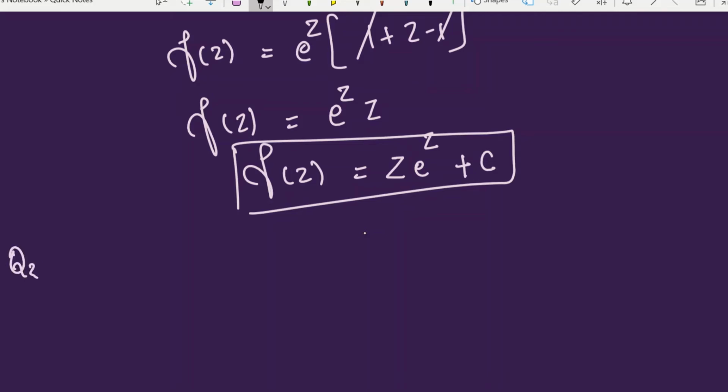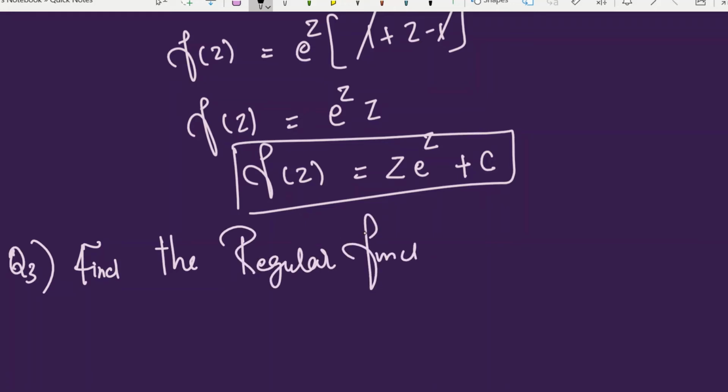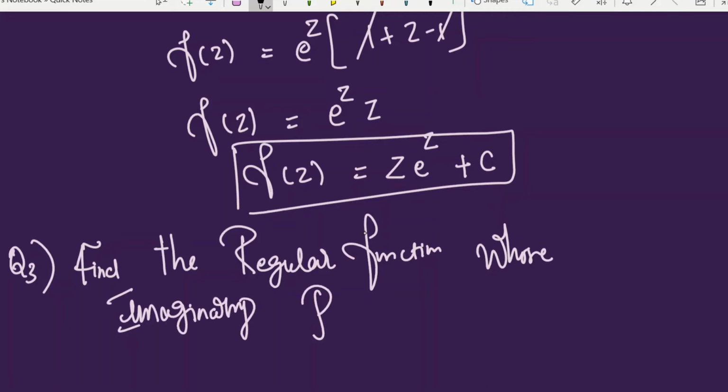Question number 3. Find the regular function. Regular function is nothing but an analytic function only. Find the regular function whose imaginary part is e power minus x (x cos y plus y sin y).